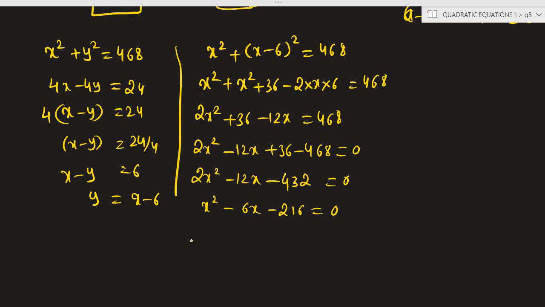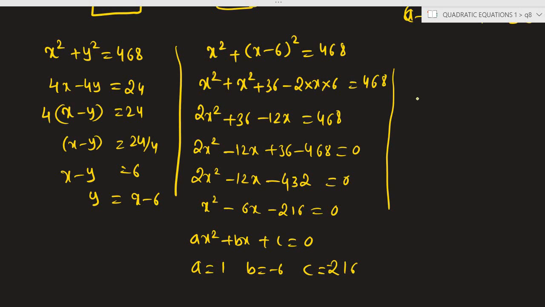Compare this equation with ax square plus bx plus c is equal to 0. Here a is equal to 1, b is equal to minus 6, and c is equal to minus 216. For this, use the general quadratic formula: x is equal to minus b plus or minus root of b square minus 4ac, divided by 2a.